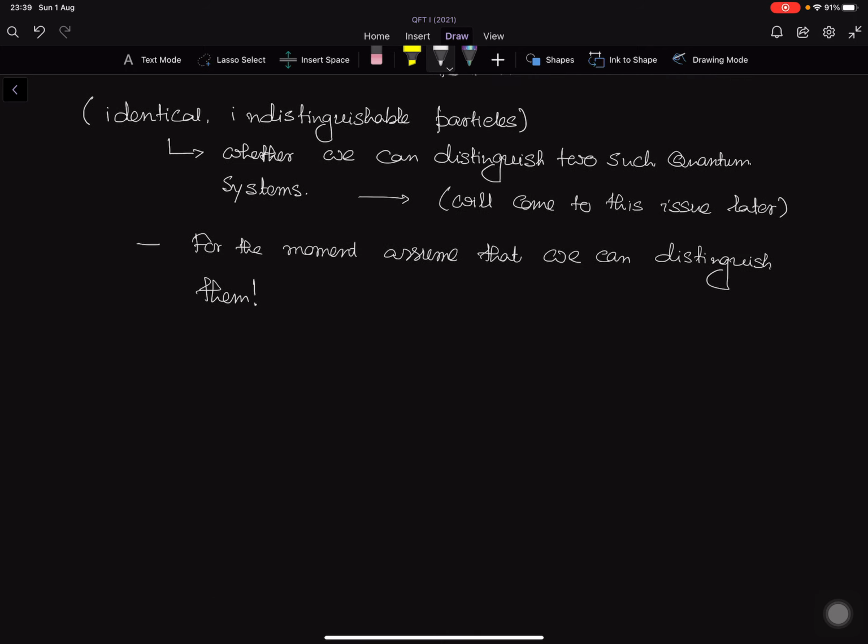Okay. So in that case, let's try to construct the multi-particle Hilbert space.